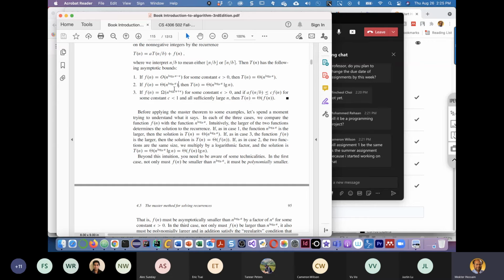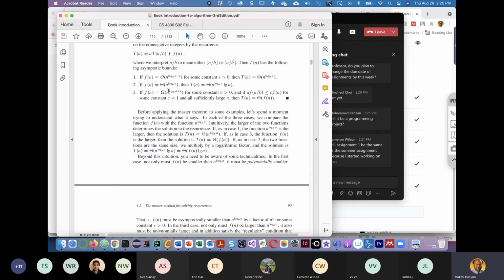Then the running time will be this multiplied by some logarithm value. Okay, and in the third case, which function is larger? f(n) is larger, right?